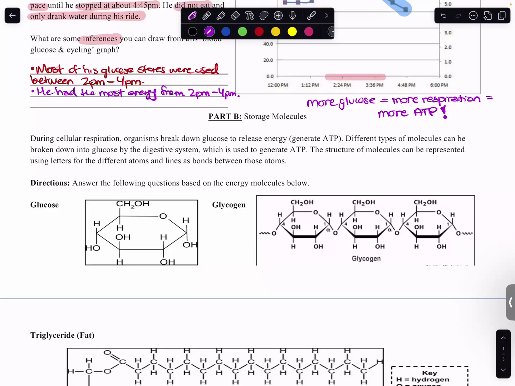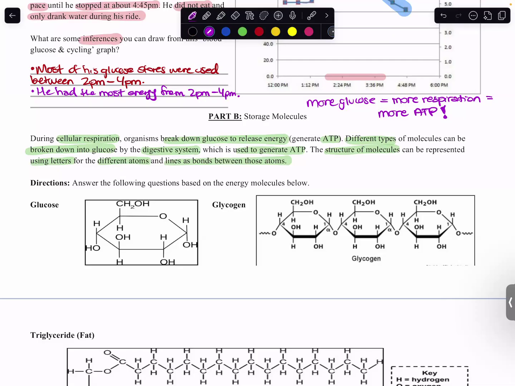Now, part B, storage molecules. Let's read. During cellular respiration, organisms break down glucose to release energy, right, in the form of ATP. Different types of molecules can be broken down into glucose by the digestive system, which is used to generate ATP. The structure of molecules can be represented using letters for different atoms and lines as bonds between these atoms.